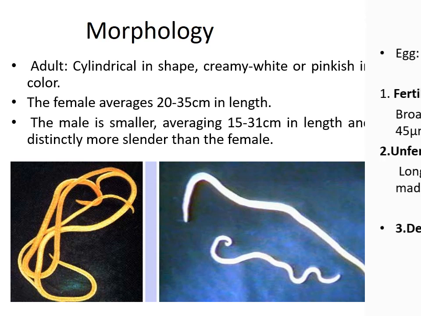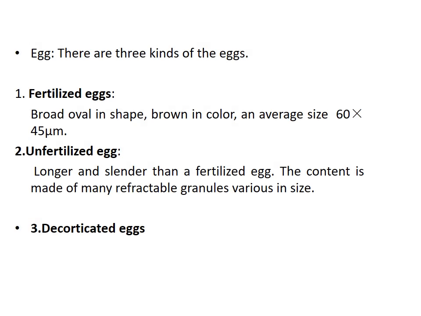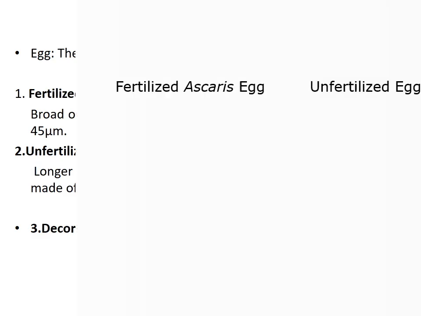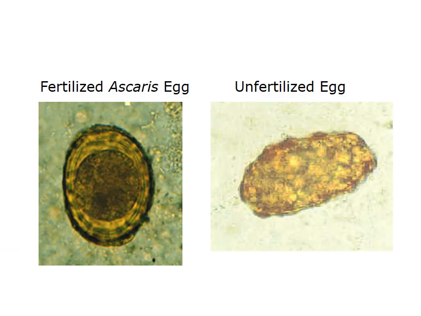Now if we see the egg, the egg can be fertilized, which is the most common morphology you will come across. It may be unfertilized, or sometimes if it is long standing, then it may be decorticated. The fertilized egg is oval in shape. It is bile stained, so it takes the color of bile and looks yellow to brownish in color.